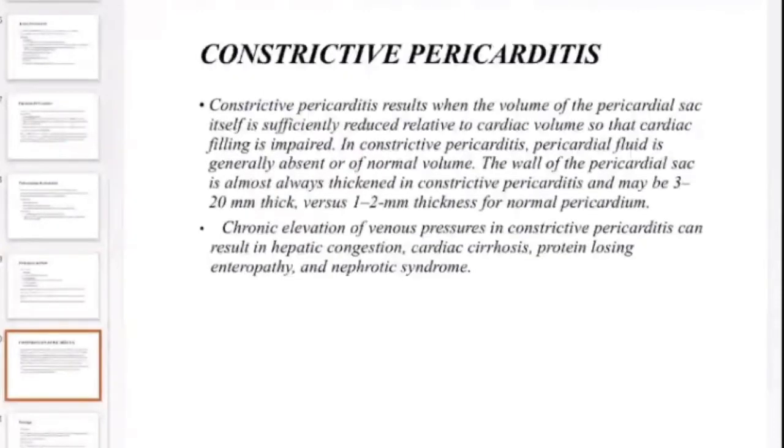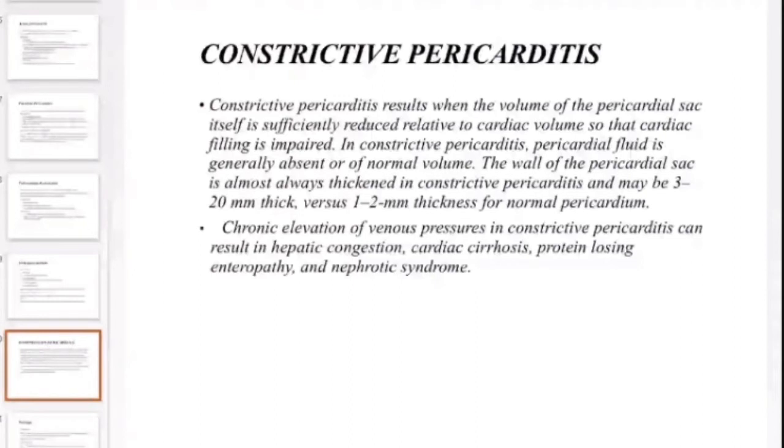The worst thing that we face in surgery is constrictive pericarditis. Constrictive pericarditis results most commonly from TB, or post-radiation. It reduces the volume of the pericardial sac itself, and there is no space for volume in the ventricles.